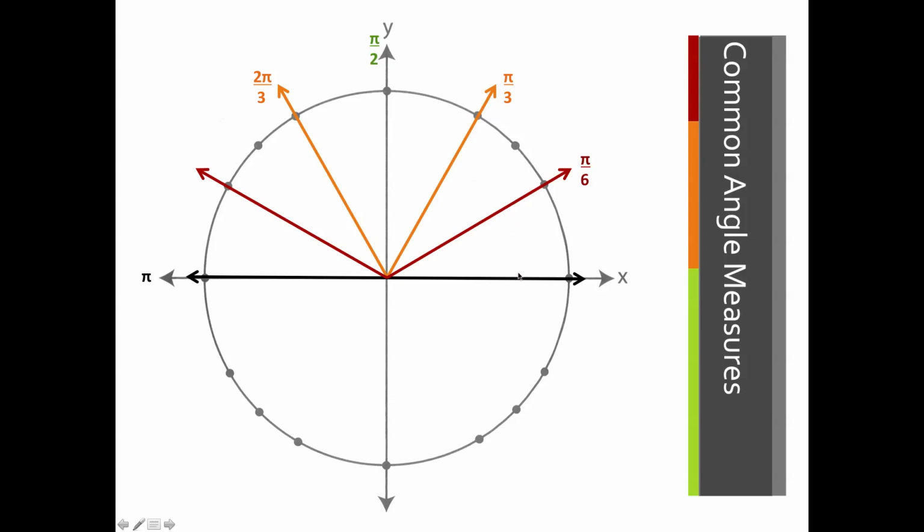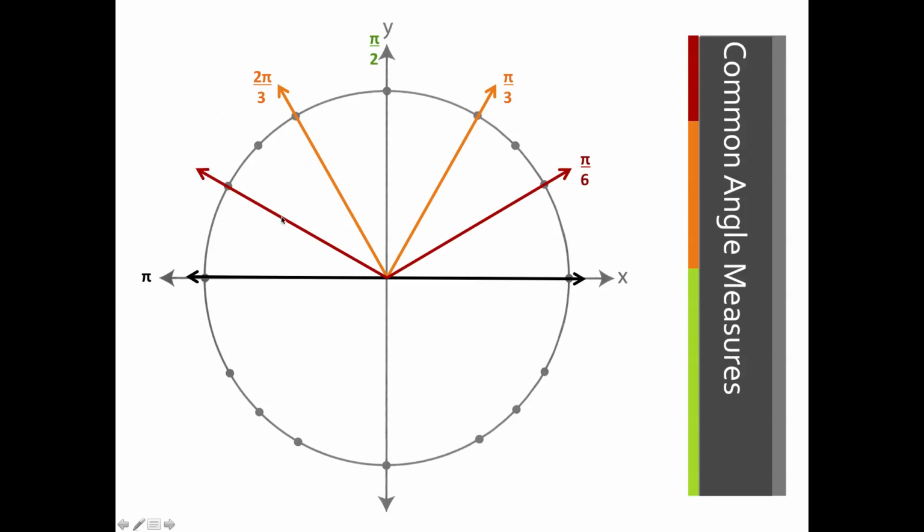And with pi over 6, a lot of these are already labeled because of what they would simplify to. So this would be pi over 6. Then I would have 2 pi over 6, which simplifies to pi over 3. Then 3 pi over 6, which simplifies to pi over 2. Then if I go all the way over to this orange one, that's the same as 4 pi over 6, but that simplifies to 2 pi over 3, which is already labeled.